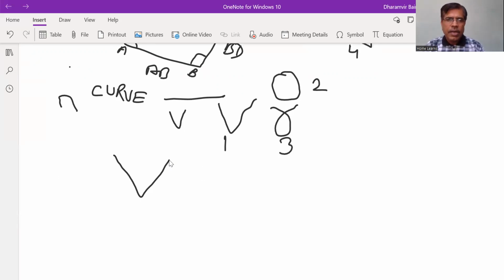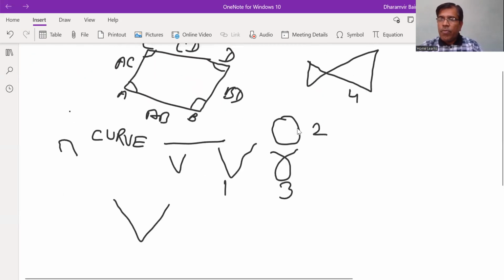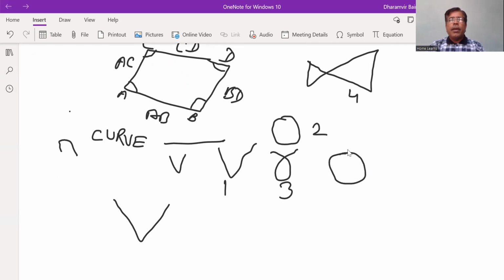A curve that doesn't cross itself is a simple curve. Like figure 1 and figure 2, the circle is also made like this, and nothing crosses. Figure 3 and figure 4 are not simple curves because they cross themselves, like this.